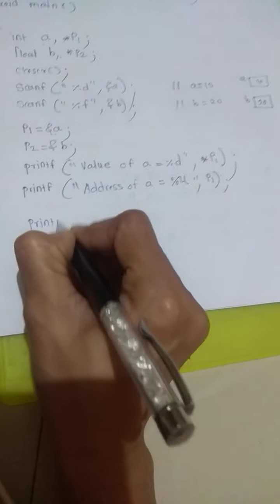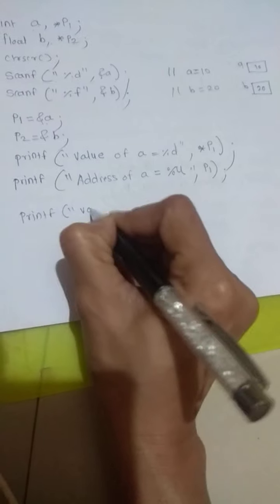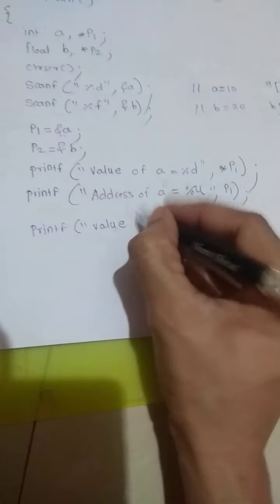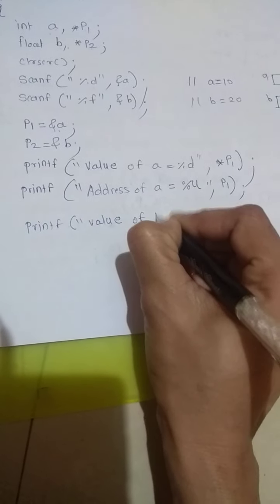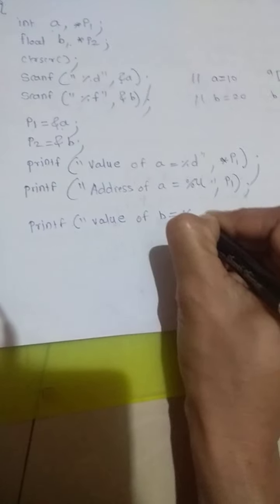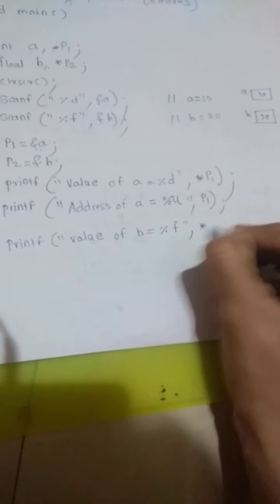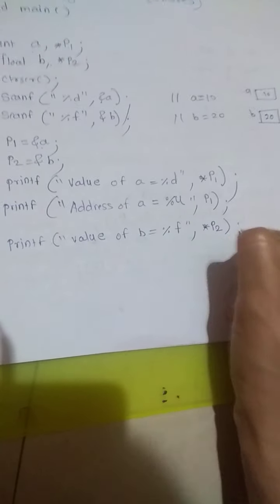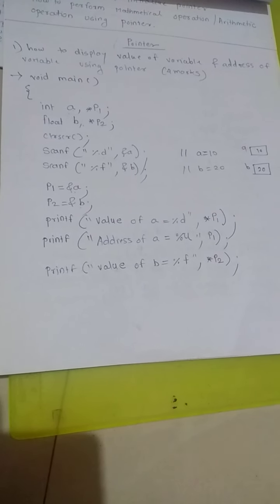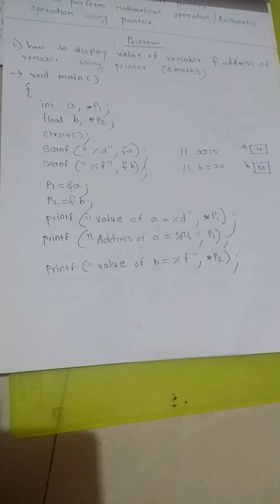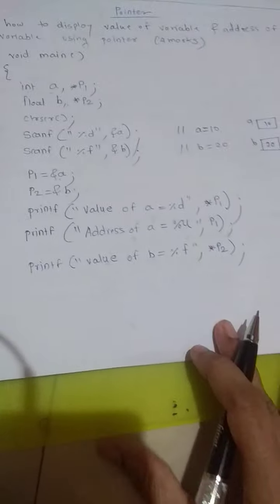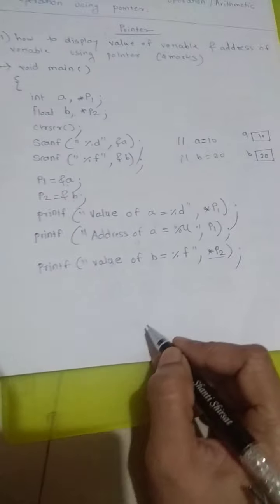Same for variable b. But b is a variable of type float. That's why we use here format specifier %f and value operator p2, because p2 holds the address of b. So we also take the value from this pointer variable, that is the value operator.